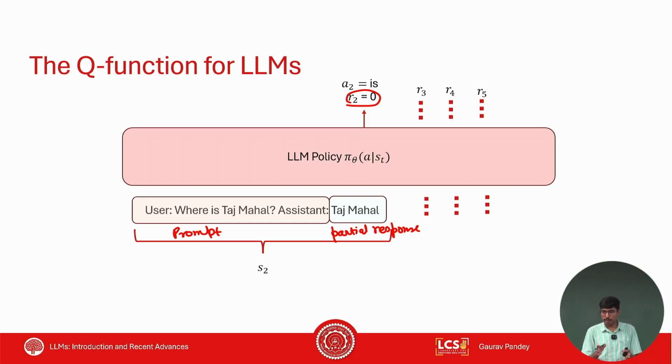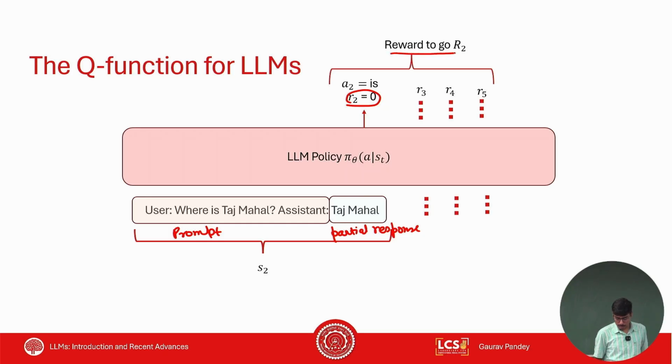So starting from a point, compute the possible continuations, get the reward and average. This quantity is also known as the reward to go. Given a particular time step, whatever reward you get after that point is called the reward to go. In language models, this can simply be the reward of the entire response because you are getting the reward at the end.